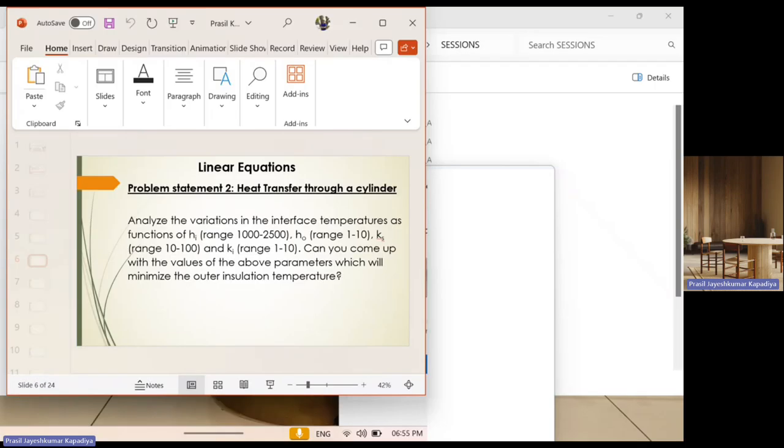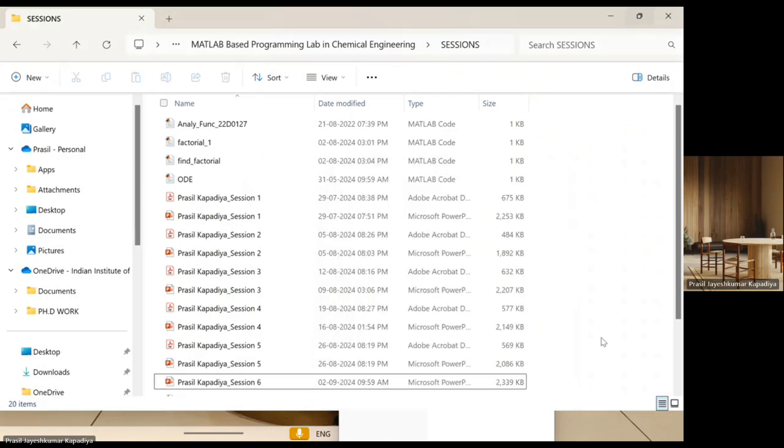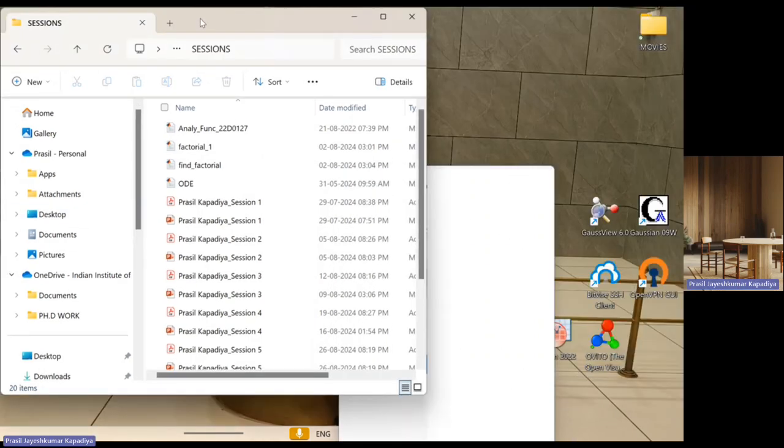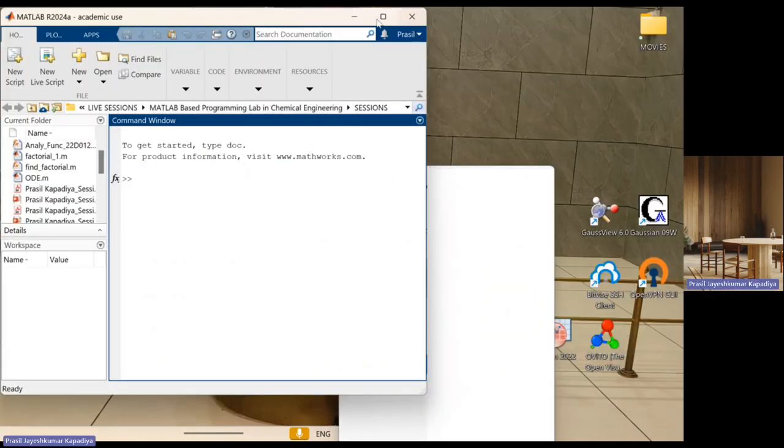Okay, let's start our work, because this is not working in this way. Yeah, see, MATLAB is here.